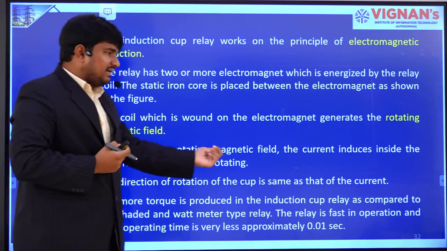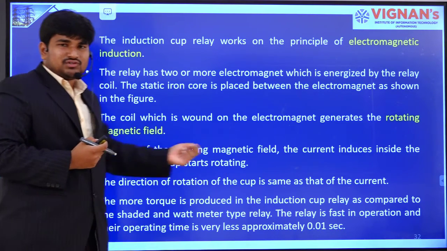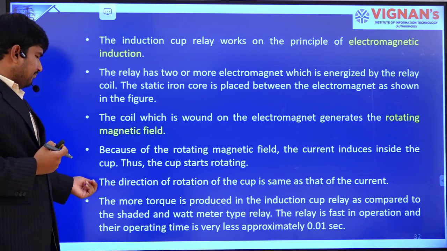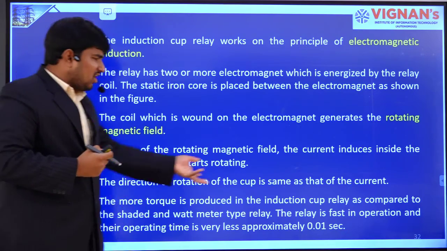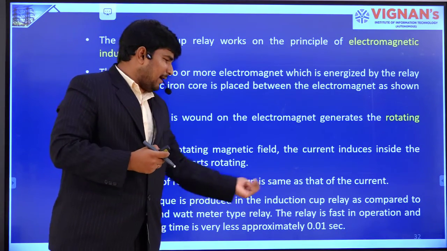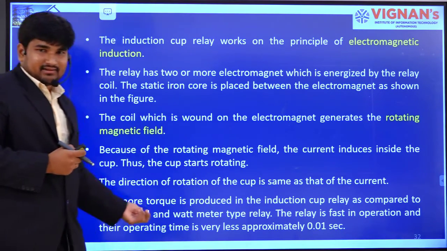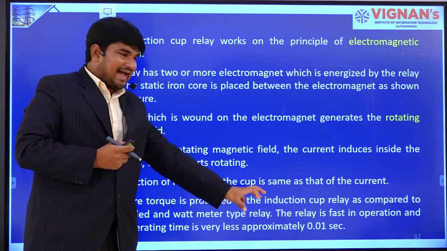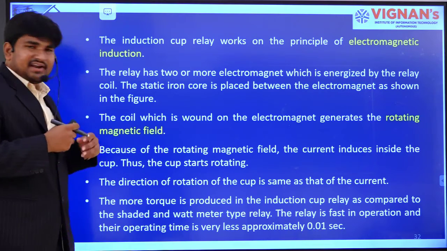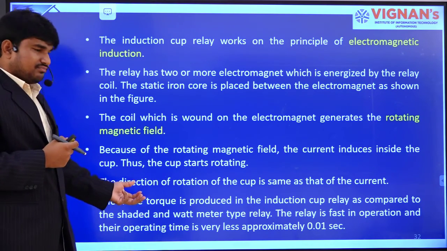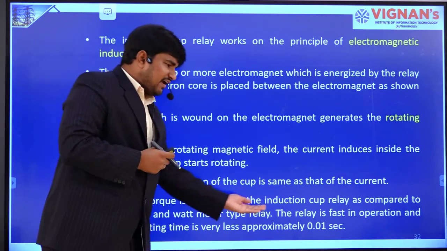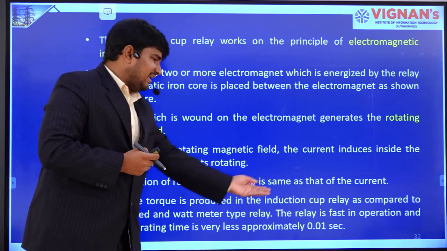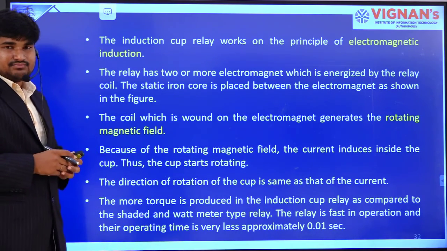Because of this rotating magnetic field, eddy currents will be produced inside the induction cup, and the direction of rotation of the induction cup depends on the current. Now, more torque is produced in the induction cup relay as compared to shaded pole and wattmeter type relays. So because of this feature, the relay is fast in operation.